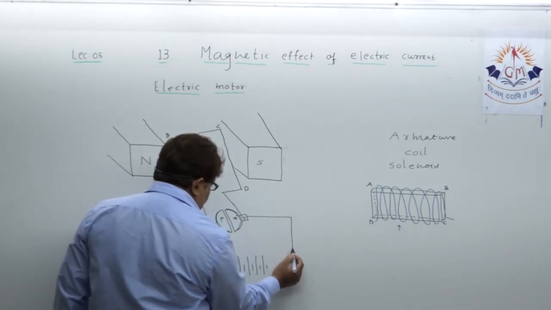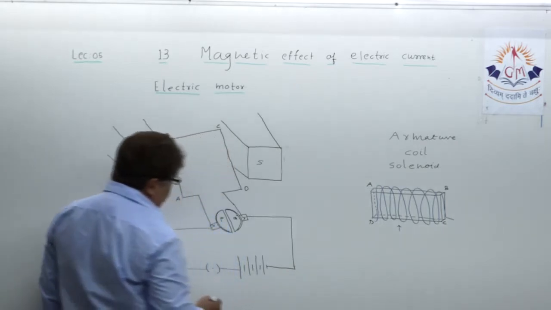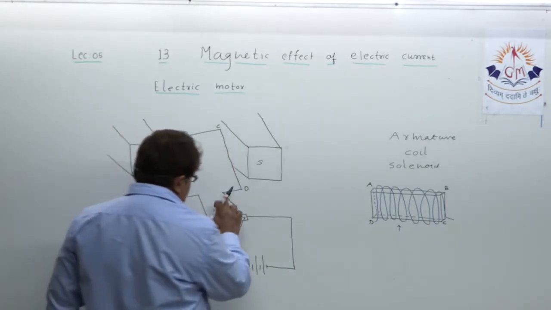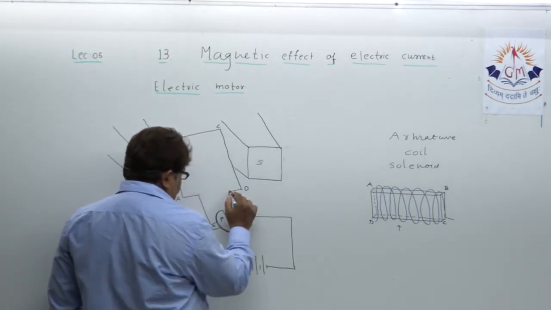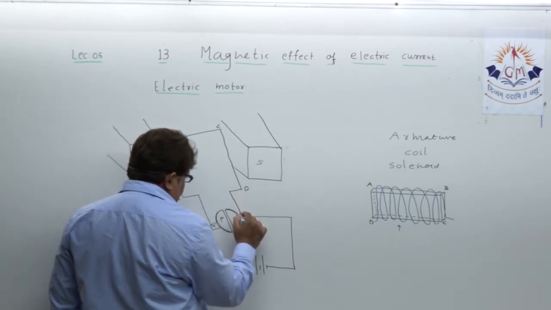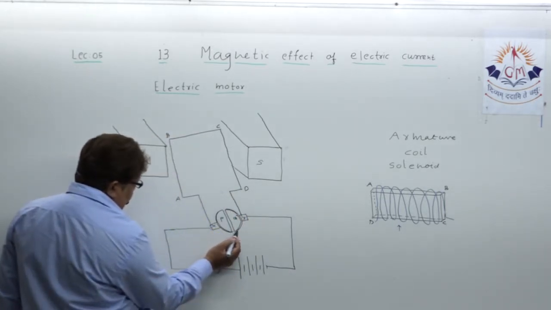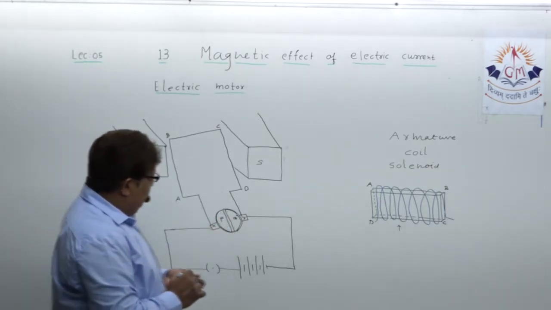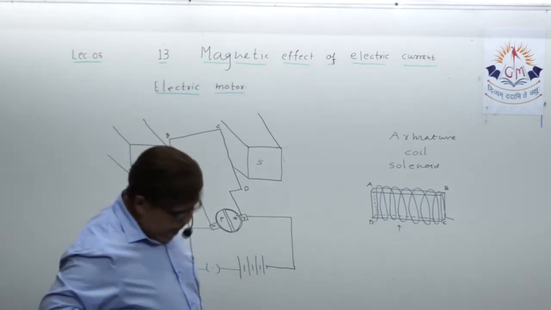Let us show this way. External source of electric supply. Okay, this is joined with the carbon brush. This is a line diagram to understand the things in better way. Okay, somewhat we are trying to realize and understand.